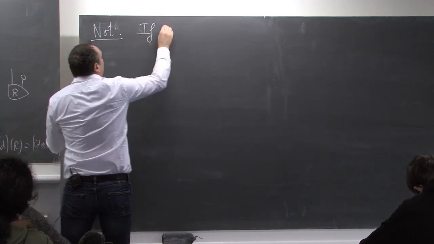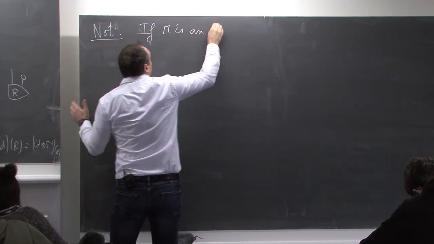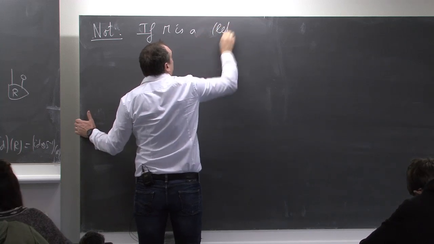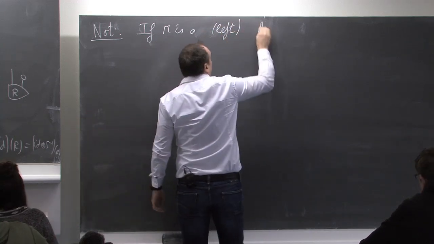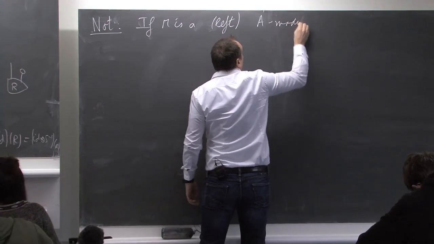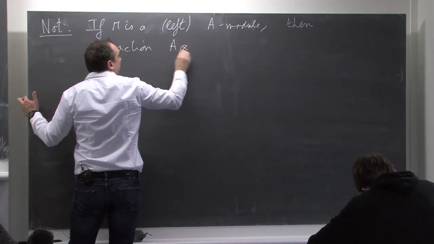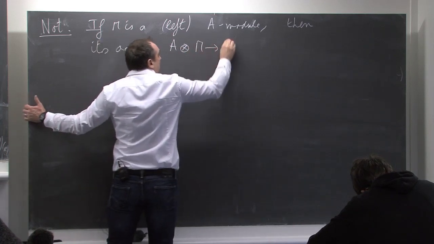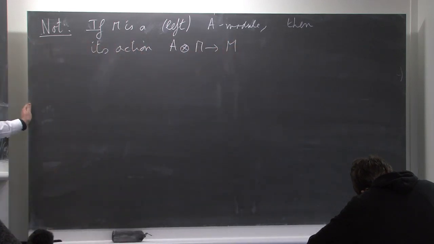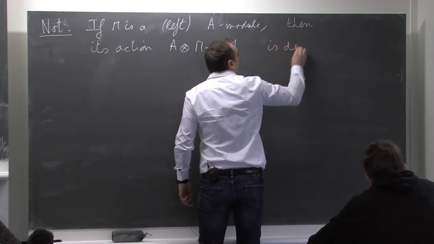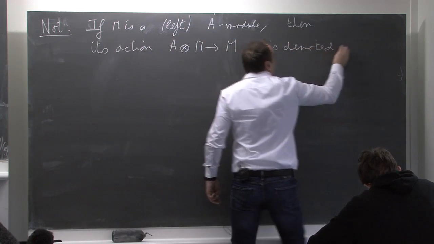If M is a left A module, I will work with left A modules, this is a map from A tensor M to M. It is denoted like this.